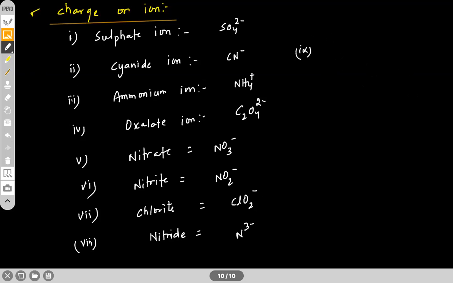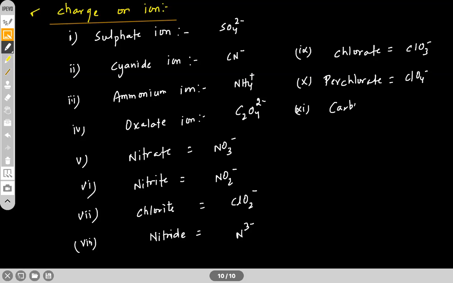The next one is chlorate. Chlorate is ClO3 minus. Perchlorate is ClO4 minus.